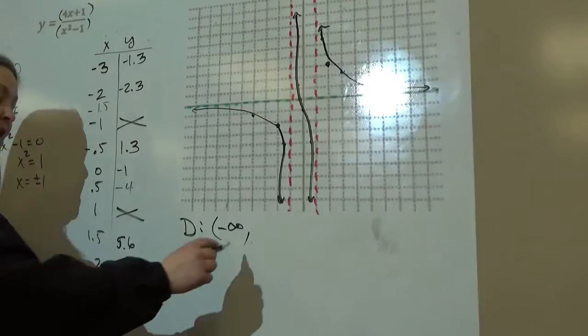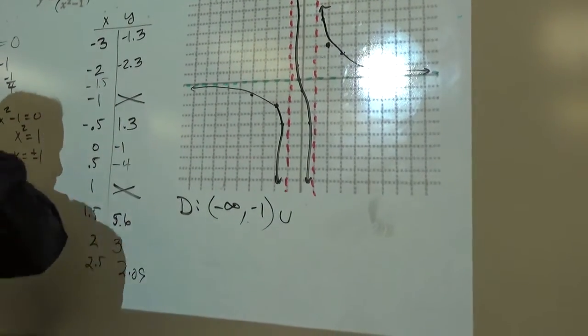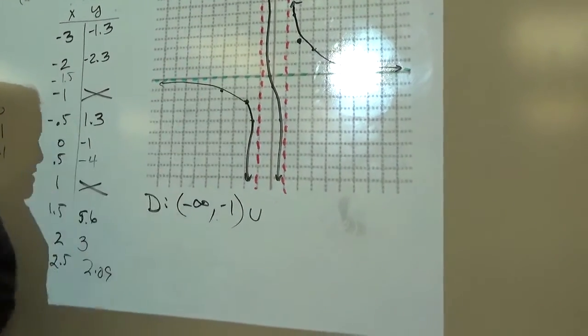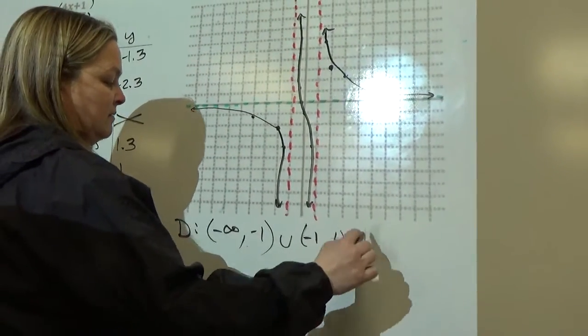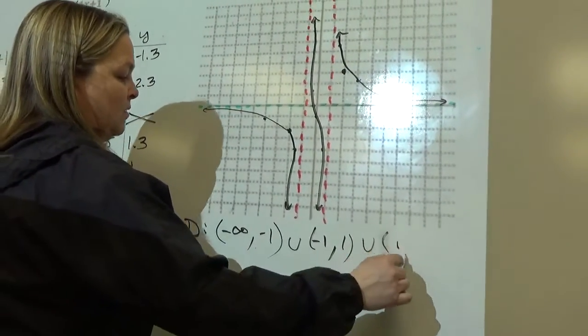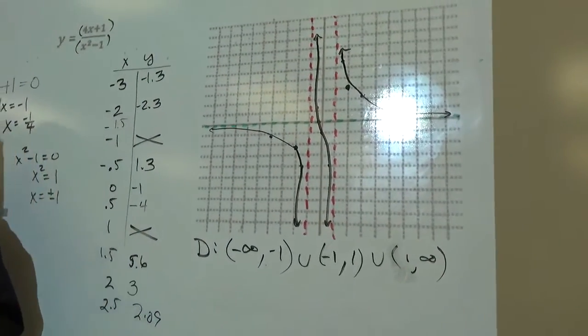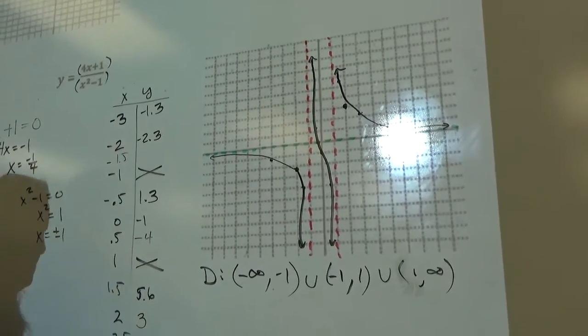And negative 1 does not work, so I use parentheses. Then I start back up at negative 1 and go to positive 1. And then 1 to infinity. This is easy? No? Okay.